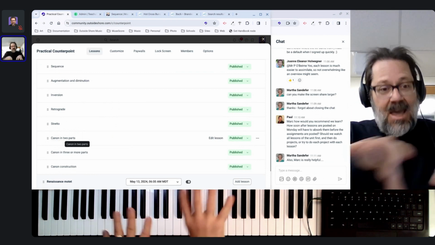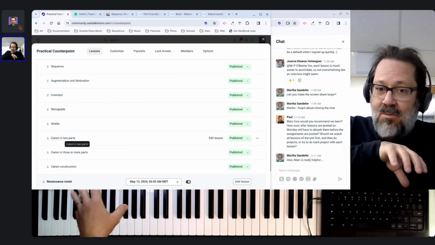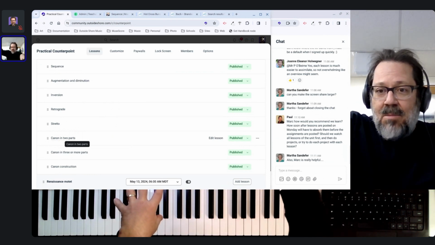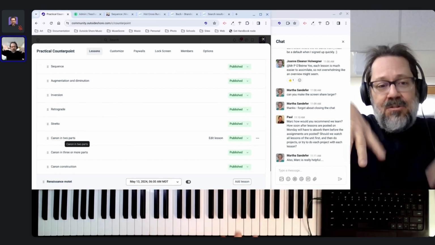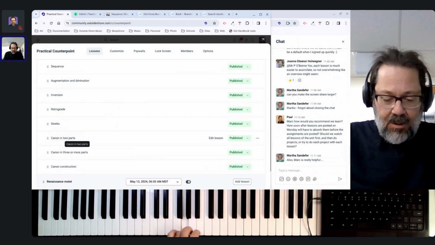So this is canon. You have a melody in one voice, and then that same melody repeated later in another voice, but maybe not at the same pitch level. It's a round if it's at the same pitch level.